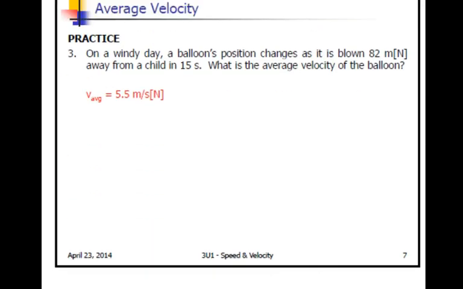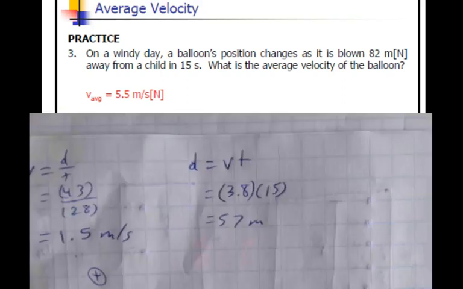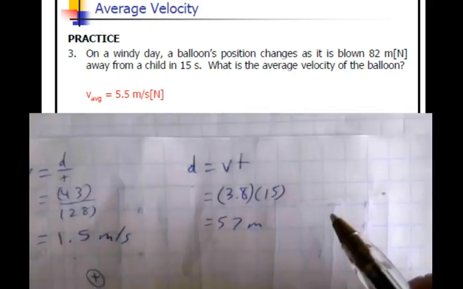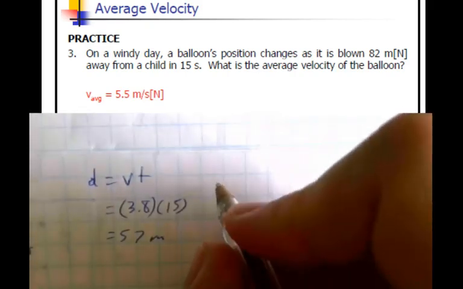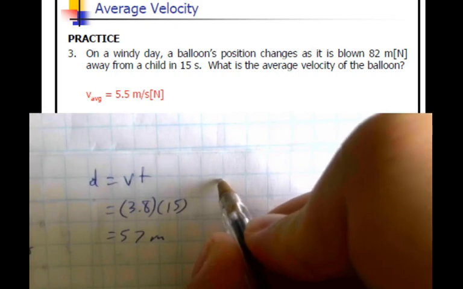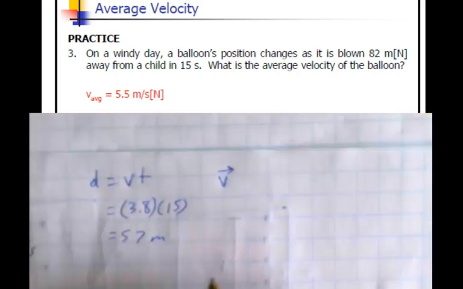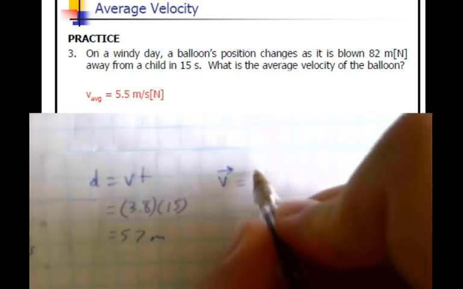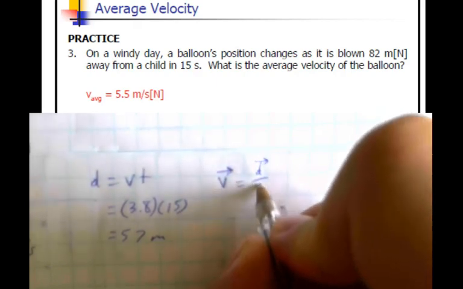So let's look at an average velocity question. On a windy day, a balloon's position changes as it is blown 82 meters north away from a child in 15 seconds. What is the average velocity? So here, my v with an arrow on top, because now I'm looking at average velocity, is the displacement with an arrow on top over the time.